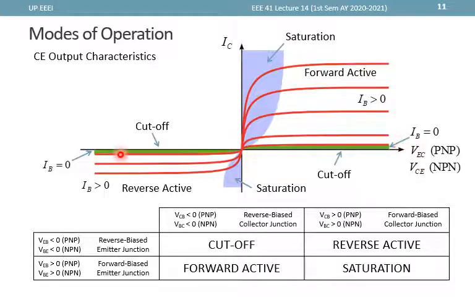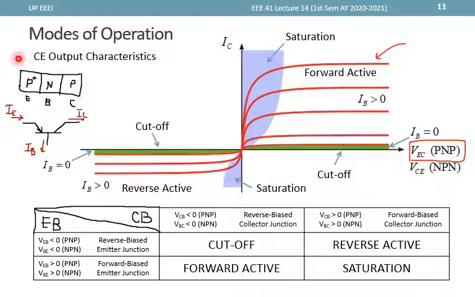So instead, we provide different lines or a family of curves to represent different values for the other terminal voltage. Let's focus first on the case for the PNP, since that is what we have just discussed, specifically the forward active region. So here is the illustration of the PNP.